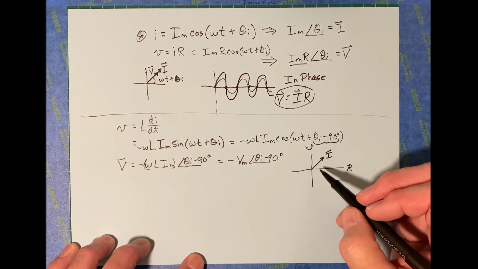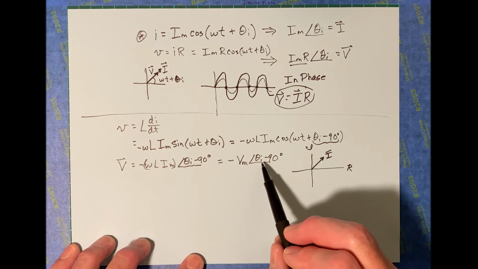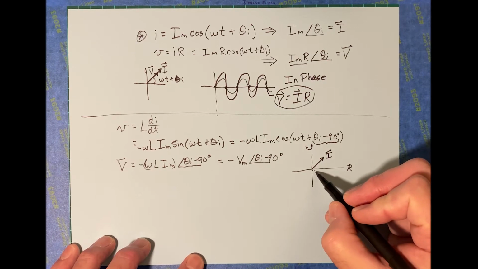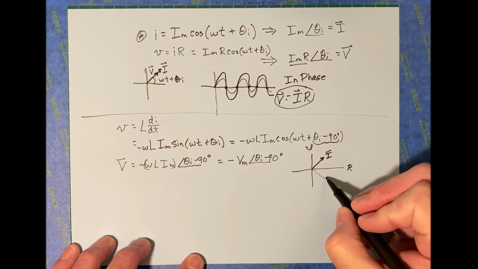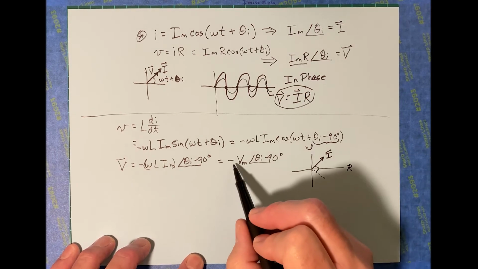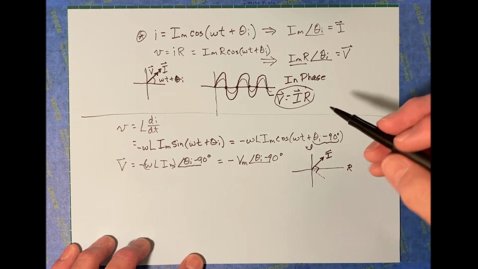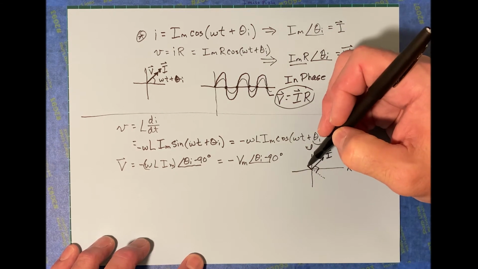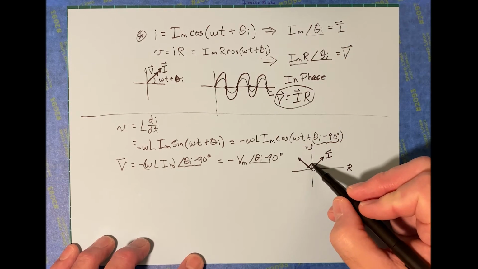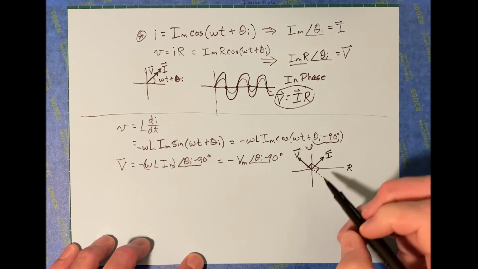And then the voltage phasor is going to be, what, negative 90 degrees. So you would think that that means it's going to be down here at this angle where that's 90 degrees right there. But that negative sign right there indicates that this is going to flip around. So it's actually going to be up in this direction. And this angle here is 90 degrees. So this is the phasor right there.